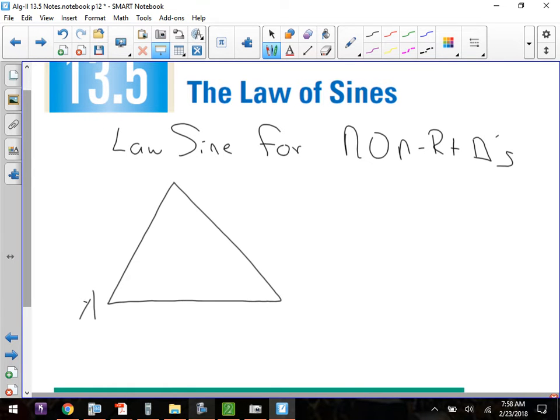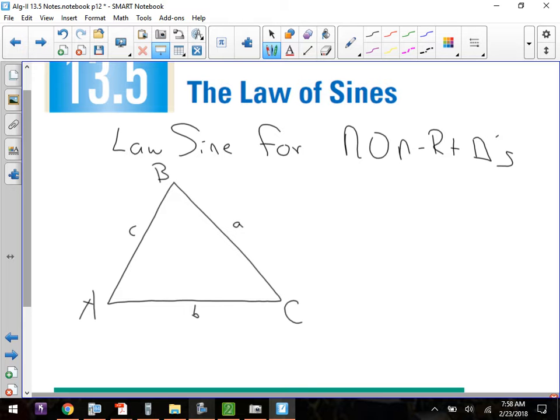So if we label this A, B, C. If vertices have capital letters, the sides opposite then have lowercase letters. So angle A looks at little a, little b, little c. And what happens here is you get this ratio. You get the three ratios of the sides versus their angles.